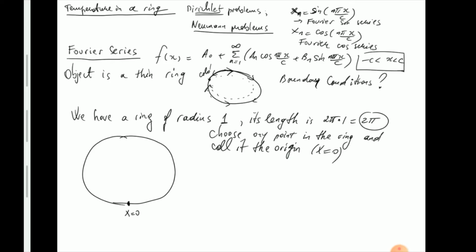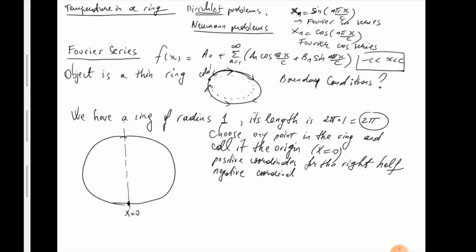And to obtain eventually a symmetric interval around 0, let's say that we measure the coordinates on the right half of the ring by positive numbers, so positive coordinates for the right half, and negative coordinates for the left half of the ring.